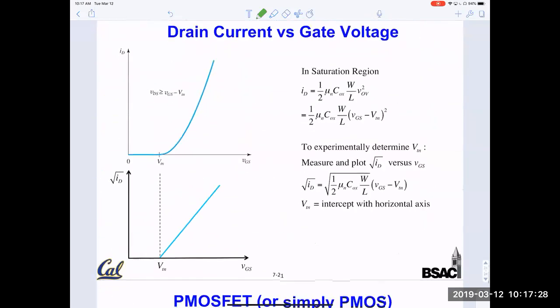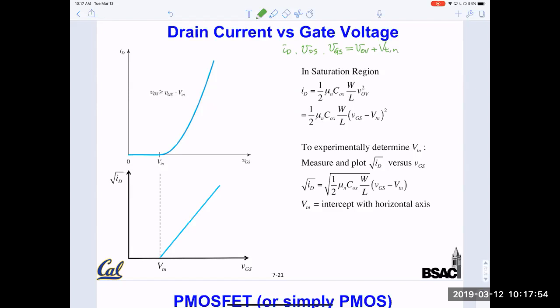Okay, so the same curve, remember we have really three important parameters in a transistor. We have ID, we have VDS, we have VGS, okay. And VGS, again, is V overdrive plus VTN, okay.